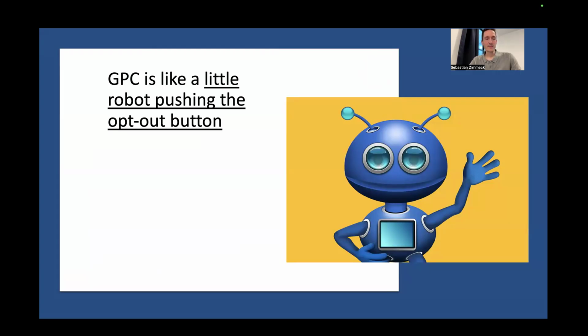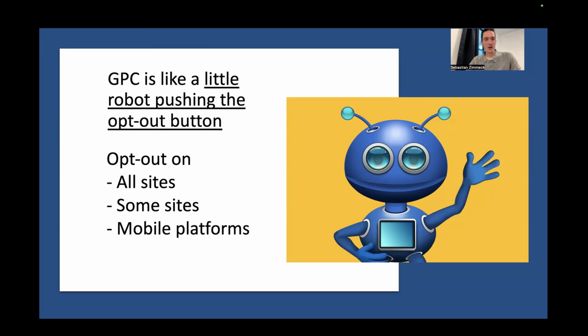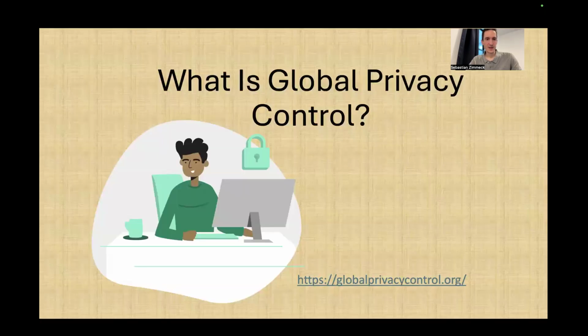The operating system or some other platform software layer tells the app, as well as its integrated third parties, to not sell or share our personal information. We can opt out on all sites, on mobile platforms, on IoT platforms, essentially everywhere on each platform that uses the web as its underlying communication platform. That's where global privacy control will work.